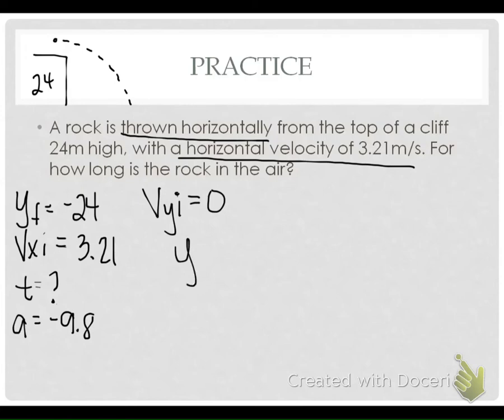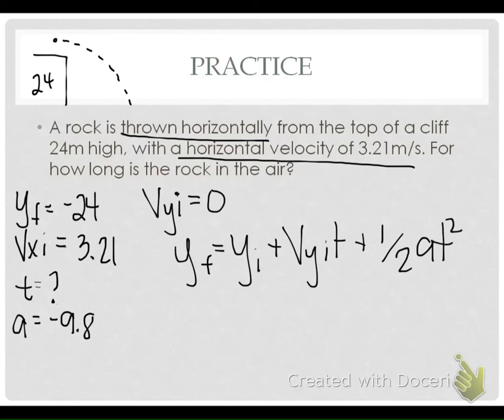So we're going to use this equation: y sub f equals yi plus v yi times time plus 1/2 a t squared. And we're going to solve for time.